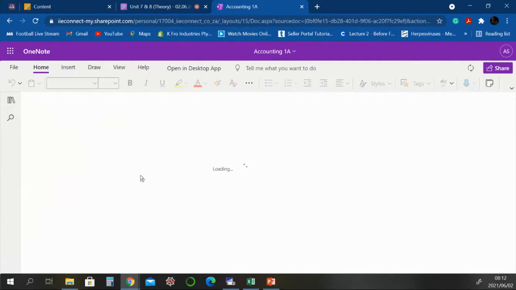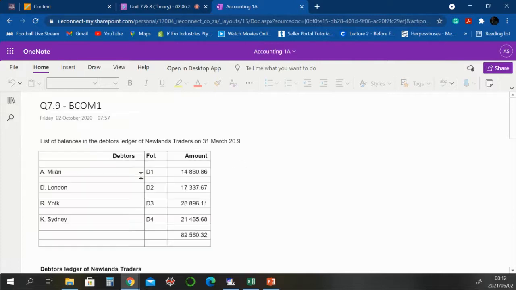So as I was saying, Unit 7 is all about individual debtors and individual creditors. And we did play around with those before we obviously started doing revision for our test, right?